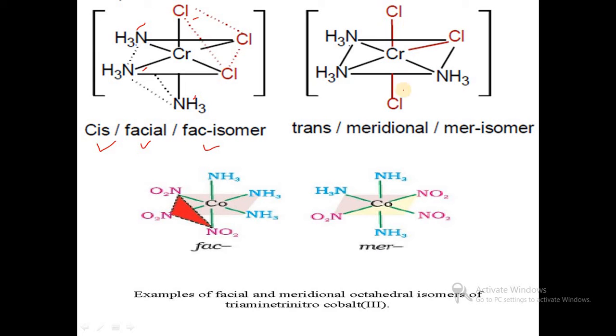And if we keep 3 Cl groups and 3 NH3 groups in this position, then they are called the trans or meridional or mer isomers. So in the facial isomer they are kept in a triangular position like this, and in the meridional isomer they are kept in these positions.